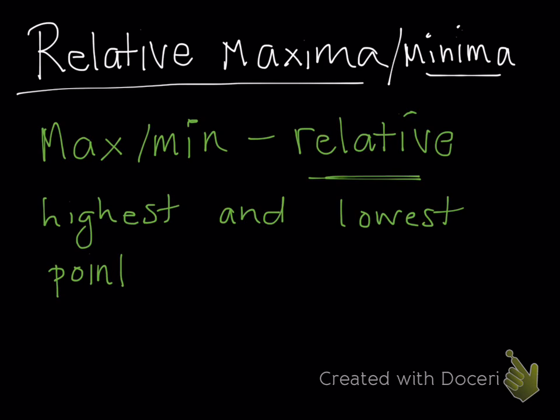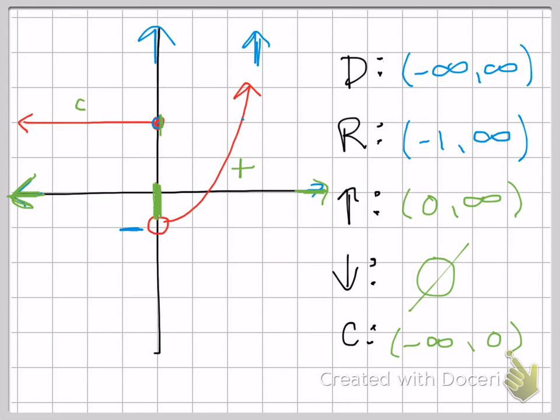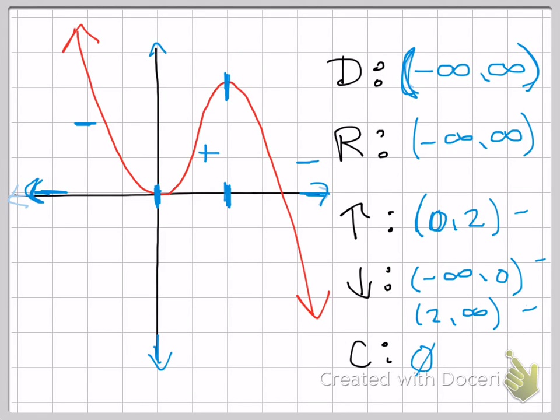We're going to go back to those same pictures that we just did and discuss what the relative max and min are for each one of those pictures. So going back a slide, here we'll write down at the bottom max and min.